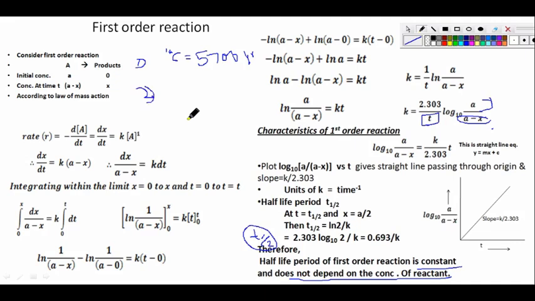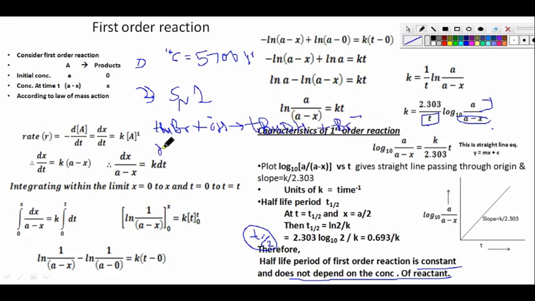Second example of a first order reaction is substitution nucleophilic unimolecular reaction. For example, tertiary butyl bromide plus OH minus gives tertiary butyl alcohol plus Br minus.